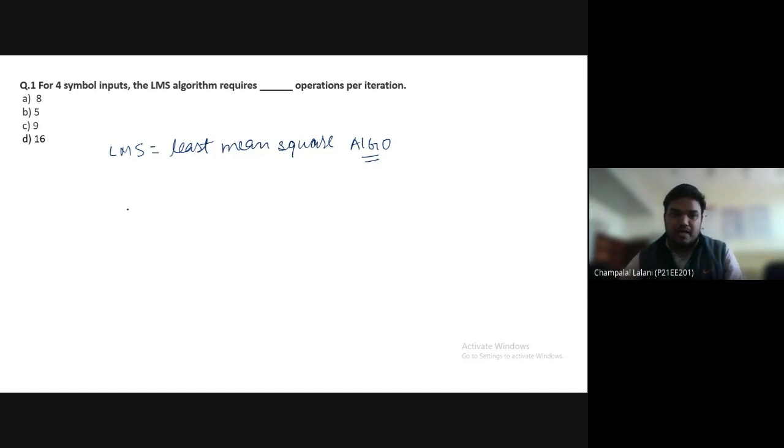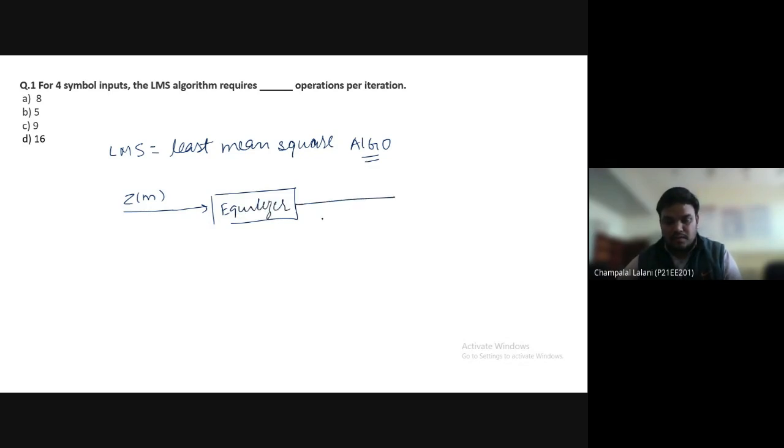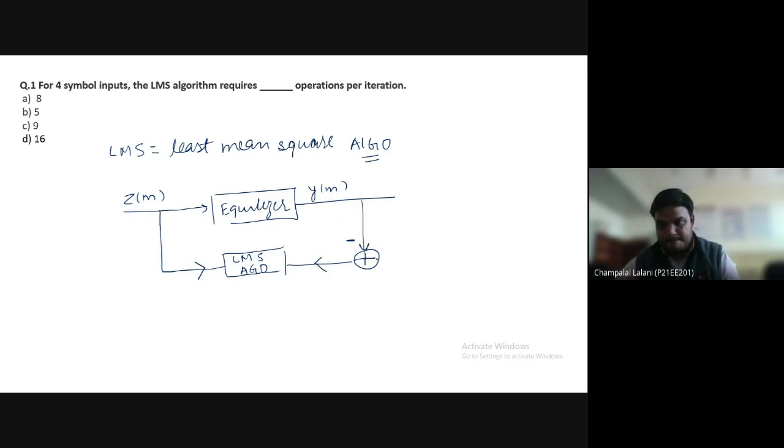So let me make a simple block diagram. For example, in the receiver, after the filters, you have this signal. Now this signal will be given to the equalizer. Let's take the output of the equalizer. Here we will have the LMS algorithm, with a known data stream.